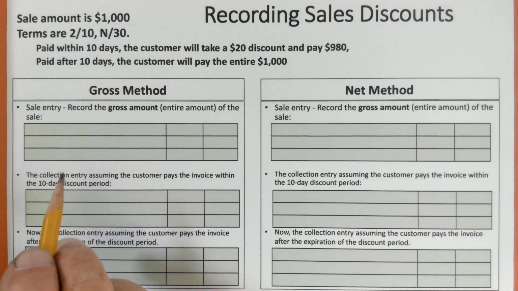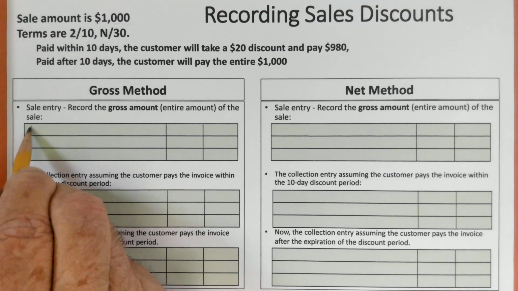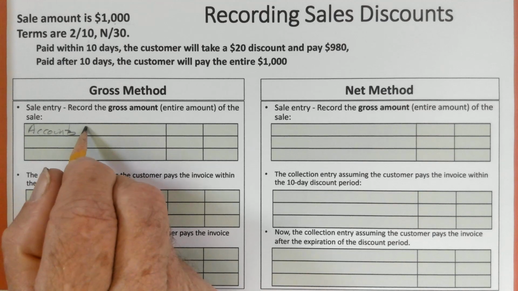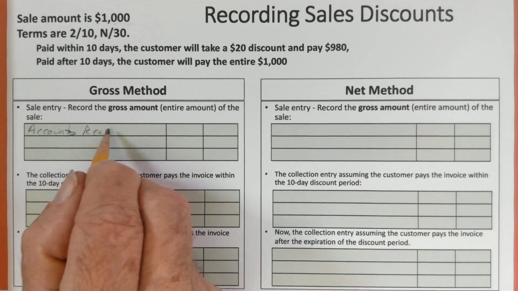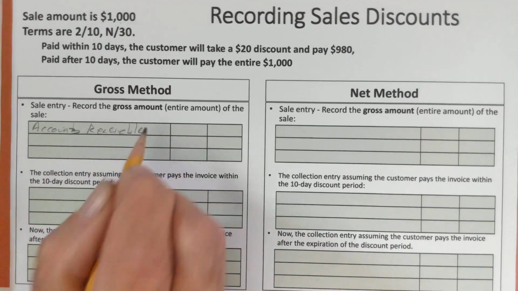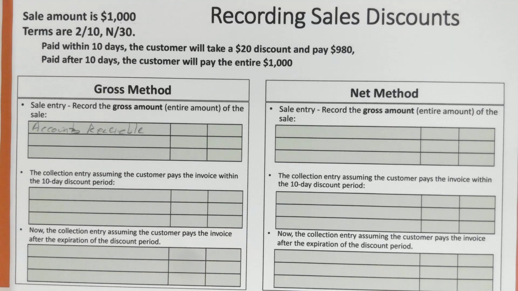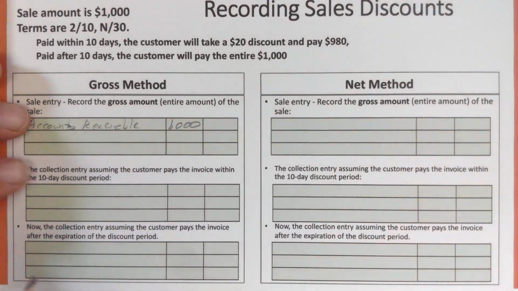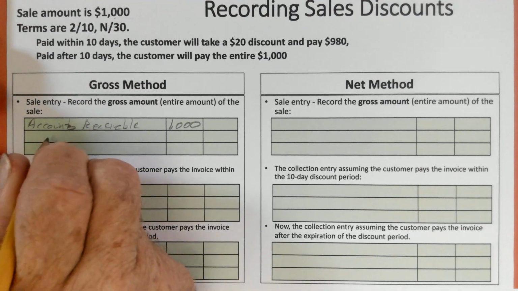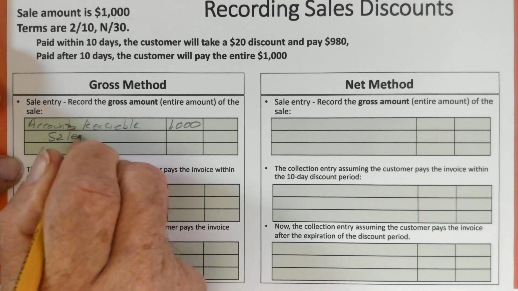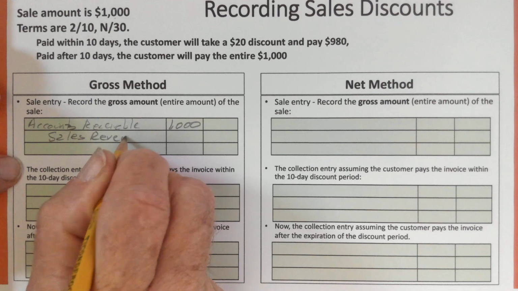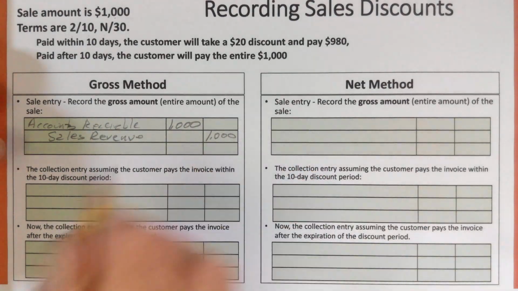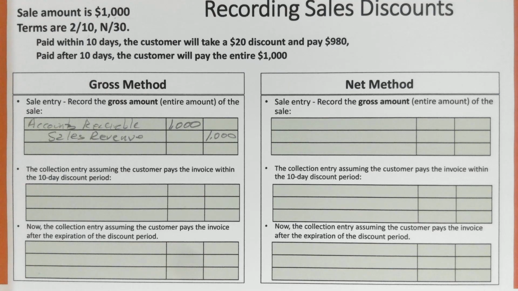So we're going to go ahead and record accounts receivable for the full $1,000. And then we're going to credit sales revenue for the $1,000. So we're good. So we record the full amount.